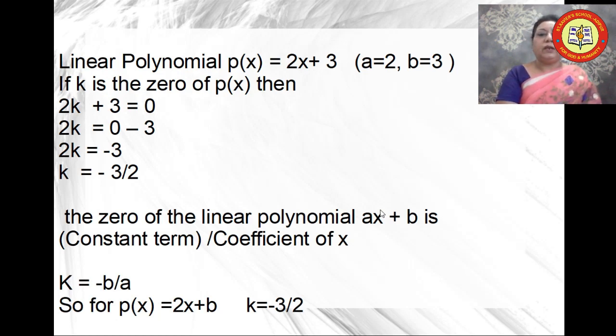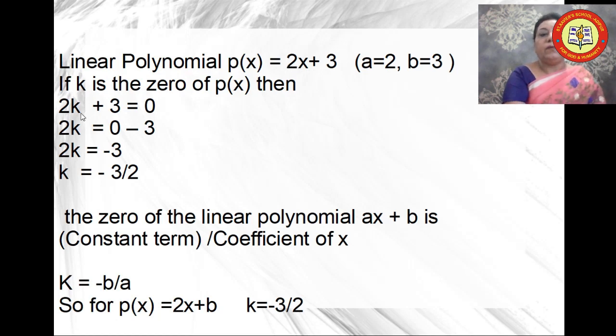So how do we find the zeros of a linear polynomial? Take the linear polynomial p(x) equals 2x plus 3. Just for your information, here a, the coefficient of x, is 2 and b, the constant term, is 3. Now if k is the zero of p(x), then I put k in place of x.